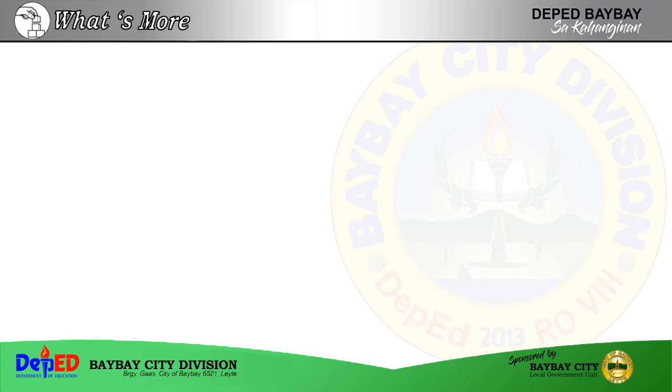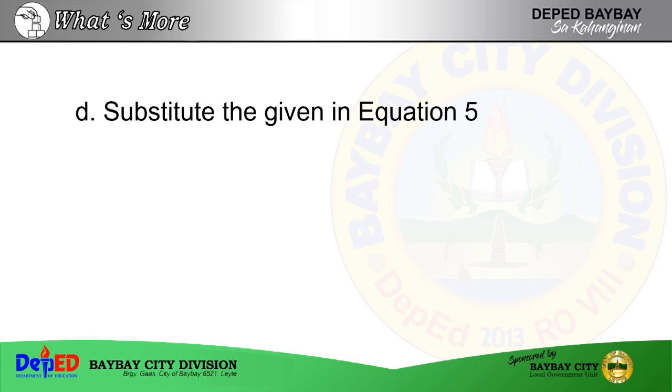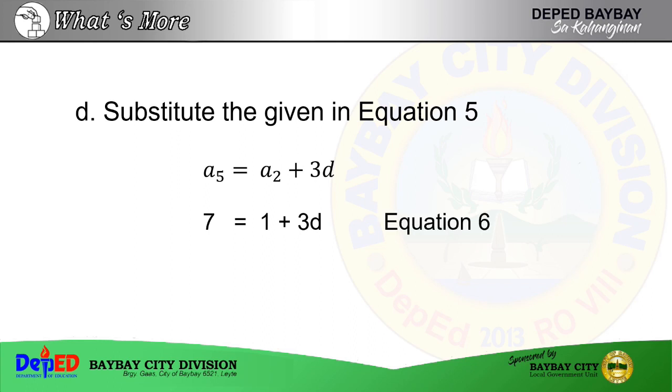And finally, to get our equation 6, we will simply substitute the given in equation 5. So we will have a sub 5 is equal to a sub 2 plus 3d. So a sub 5, that is 7, is equal to 1 plus 3d for equation 6.